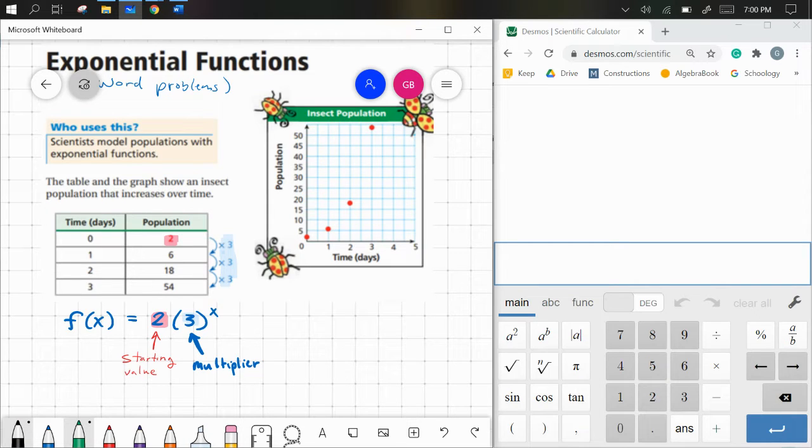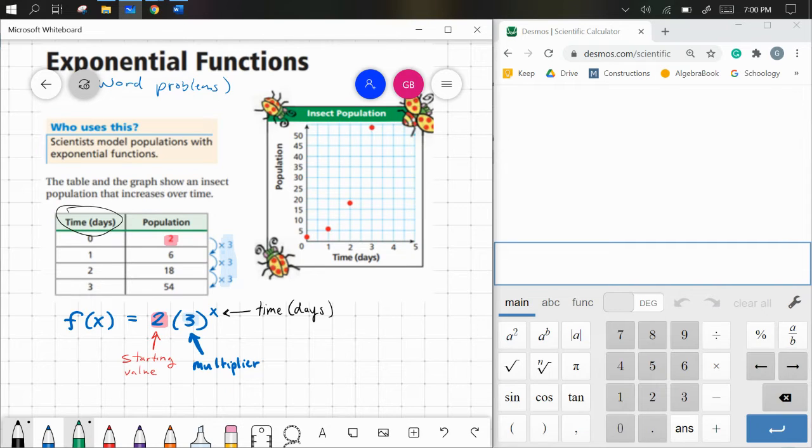And finally, the variable, the x, is going to represent the time. In this case, it is measured in days. And every time we change the x value, it'll give us a different value.